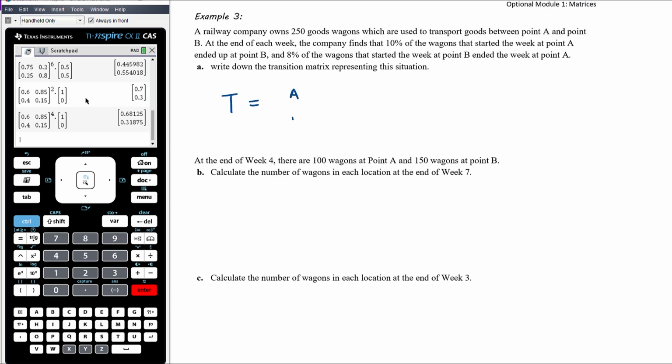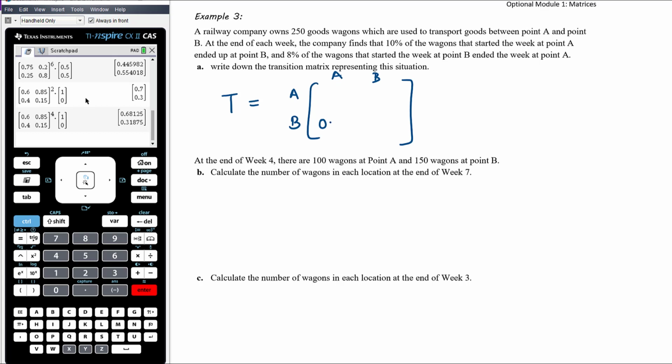Okay, so to A and B and from A and B. Remember, from to, always going this way in a transition matrix. 10% of the wagons that started at A ended up at B. So started at A, ended up at B is that.